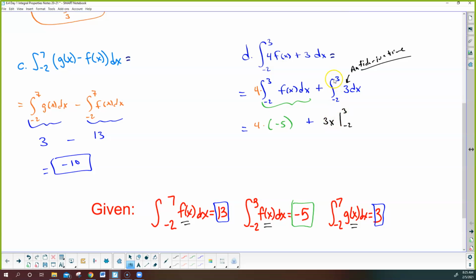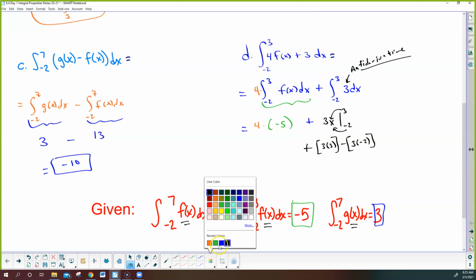So instead of the integral symbol, that becomes a straight line, which tells us to now just evaluate the upper bound. So we're going to plug 3 in minus the lower bound, where we plug in -2. So we do really want to pay special attention to proper notation here.